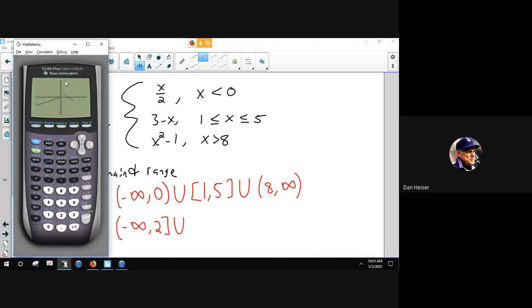So I need to know where the next set of y values starts. And that's going to start, change my window back. I want to make y max, let's say 80. I'm going to make y min 50. So we can get a little better focus on where this starts. Right there.